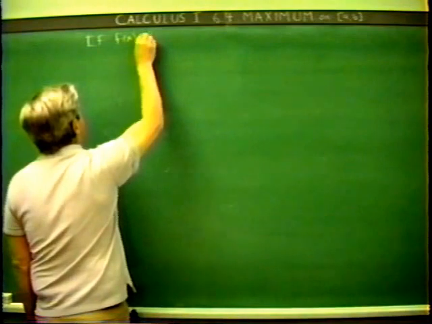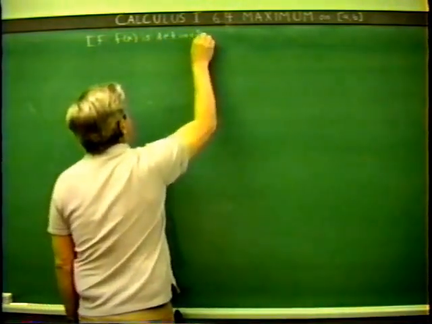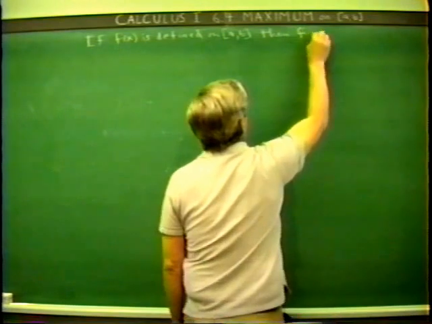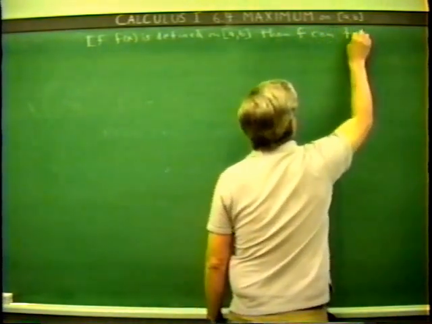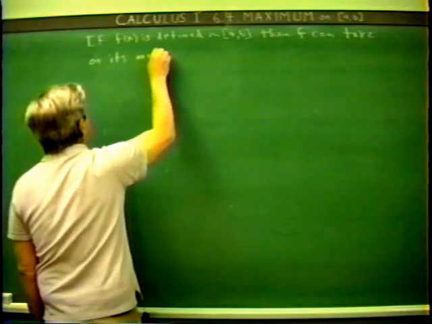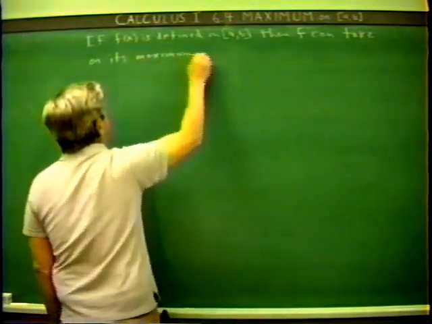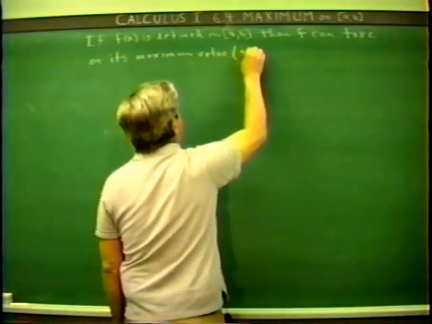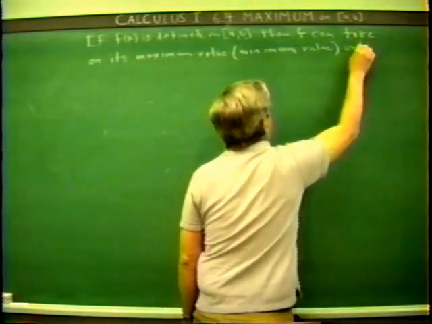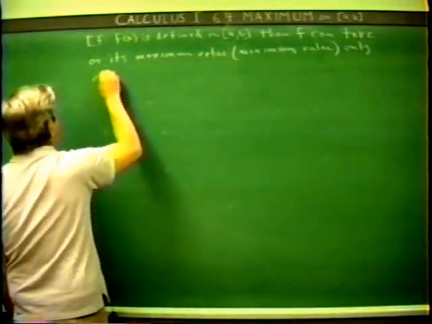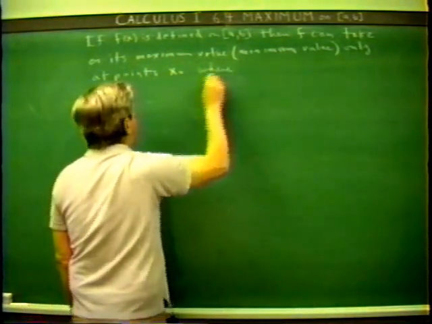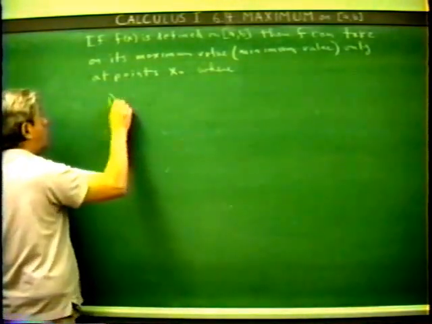If f of x is defined on a, b, then f can take on its maximum value or minimum value only at points x naught where one of three things happens.